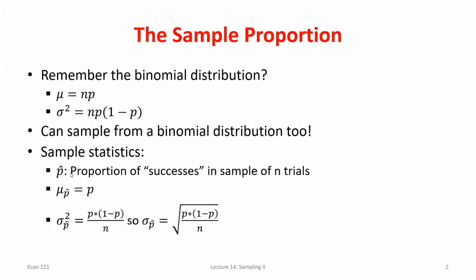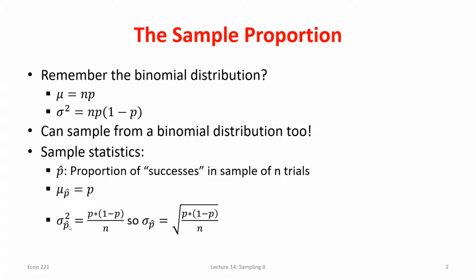So what will end up being true is that for our sample proportions, the mean of our sample proportions, right? The binomial was the number of successes. If we want a proportion, we divide that by n. So the mean of our sample proportions is just whatever the true population proportion is, just like the mean of our sample means was whatever the true population mean was.